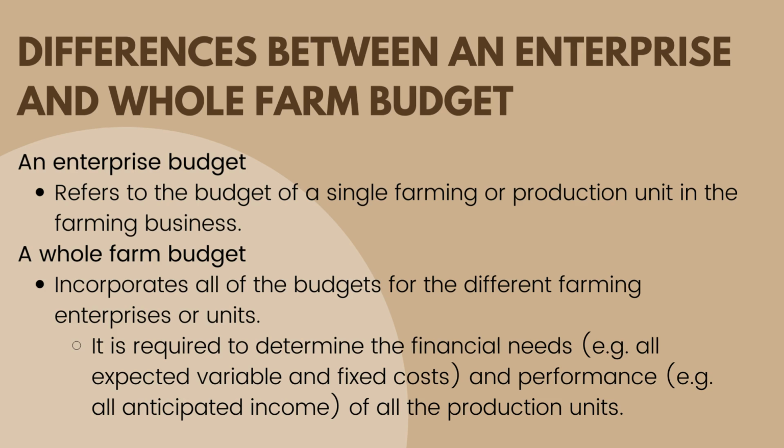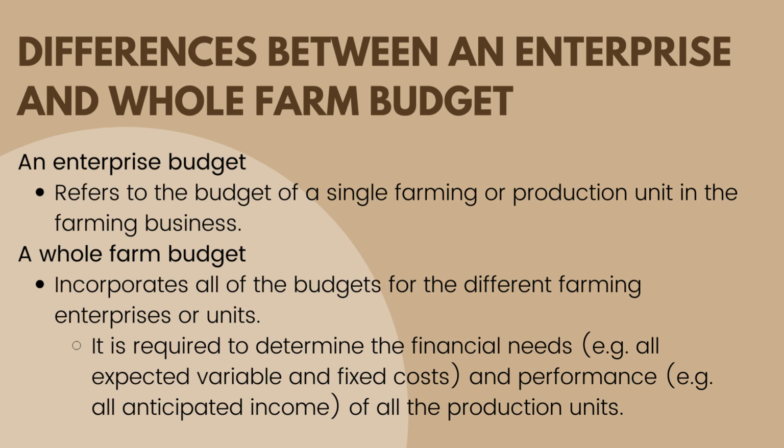So on a farm, we've got what we call the enterprise budget and what we call the whole farm budget. These are mostly the budgets that you're going to use, right? There are two types of budgets for farmers.